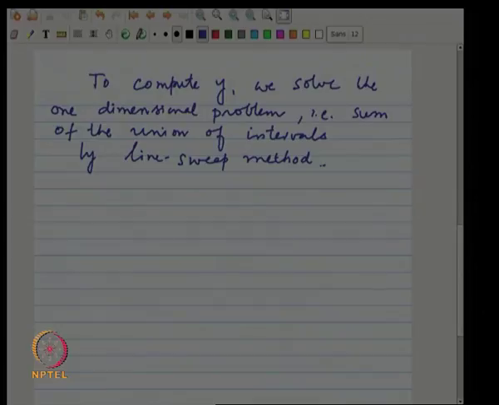If you are looking at all these instances as independent problems, to compute this intercept with the y axis could take about order n log n time if we sort.